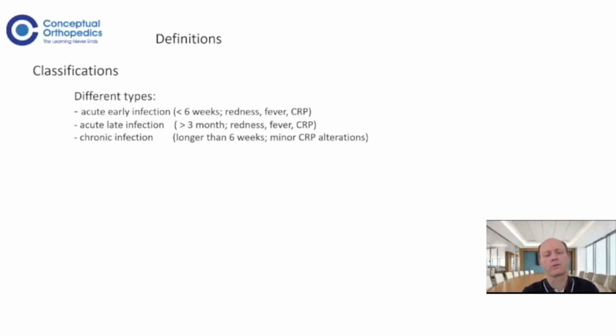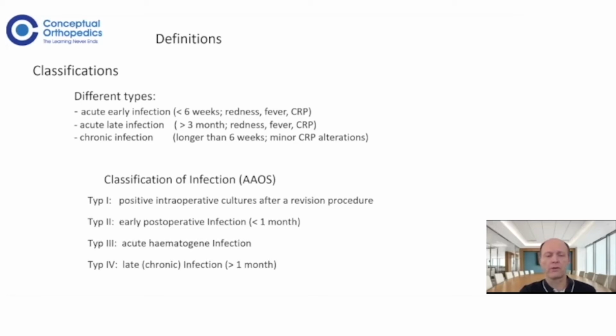Opposite to those two acute infections, we have chronic infection, starting after the 6 weeks period. They only have minor lab alterations and also minor symptoms from the patient side. One of the symptoms is chronic persisting pain. So these are the infections harder to diagnose than, of course, the acute infections.